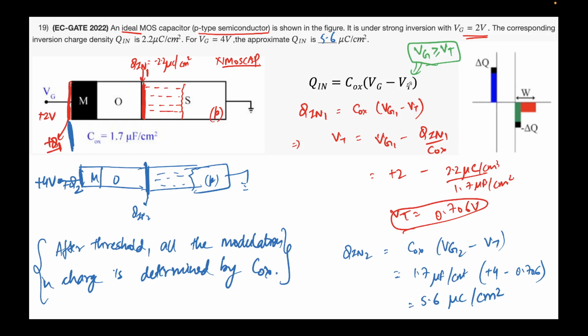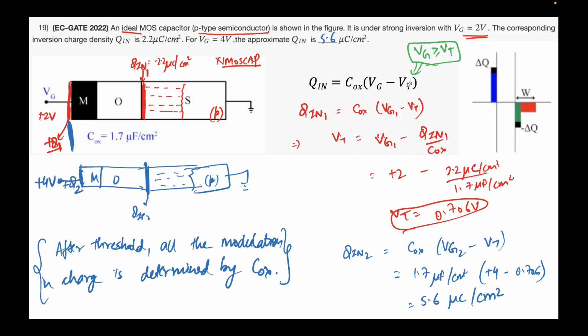The other thing which we note is that it's a linear relation, and that's a good point to note actually. What it means is that just by, let's say, rotating the voltage knob at the metal, you can control the electron charge in a linear fashion.